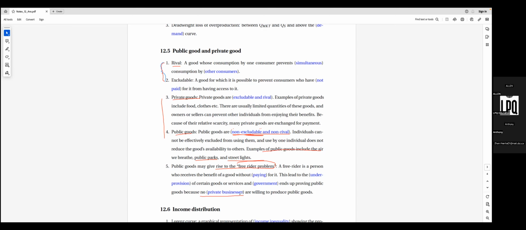So government ends up paying for those public goods. Once again, let's repeat: the supply is always lower than demand, and no private business is willing to produce non-excludable goods. So finally, government provides private and public goods for our society, for the general public.